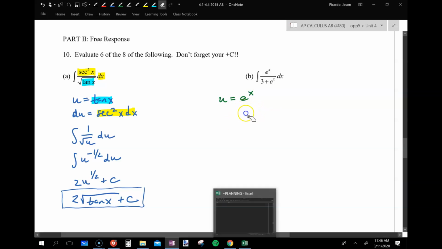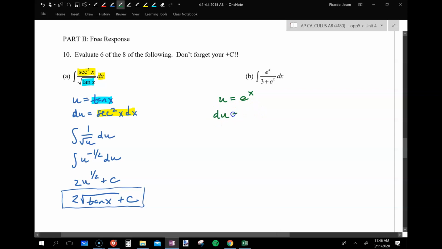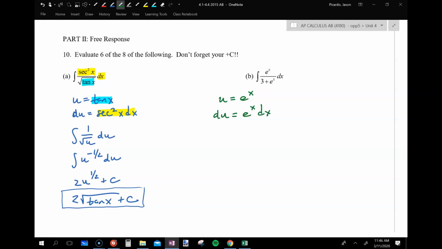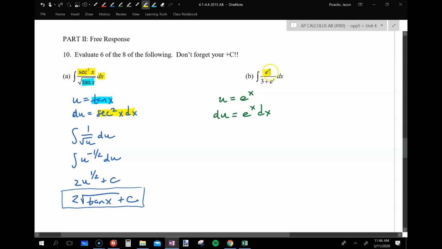Oh, probably do this part first. How's that look? So what do we got? We got our e to the x dx. We have our value for u, right?